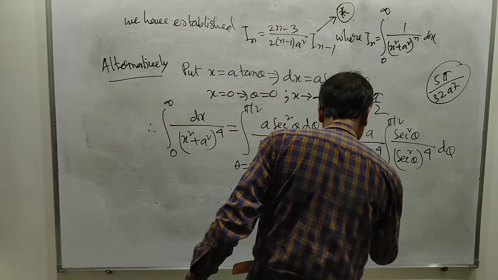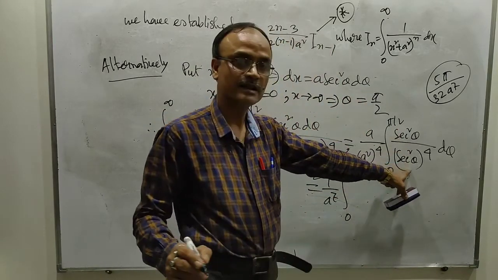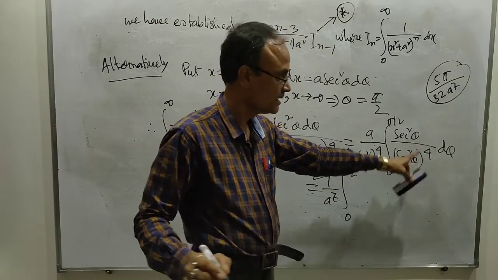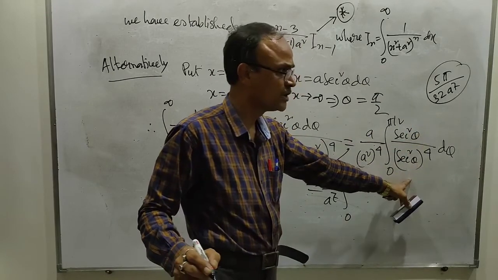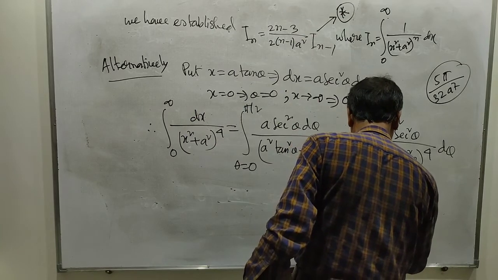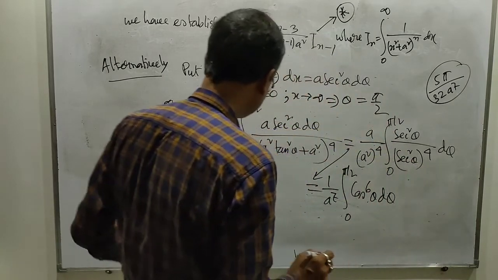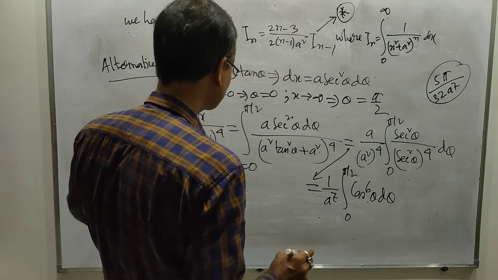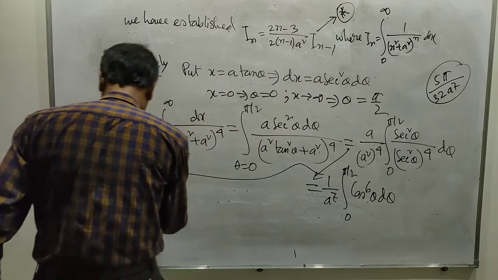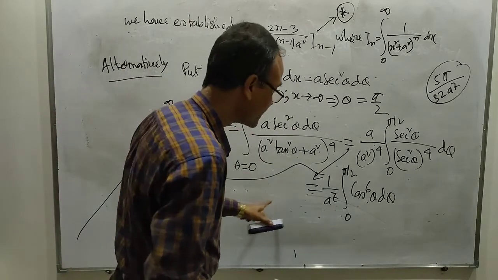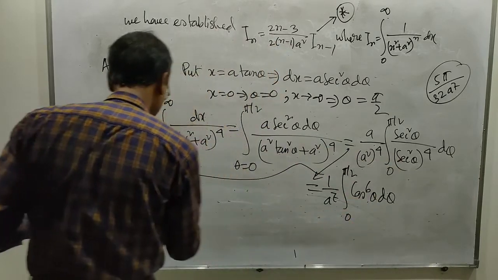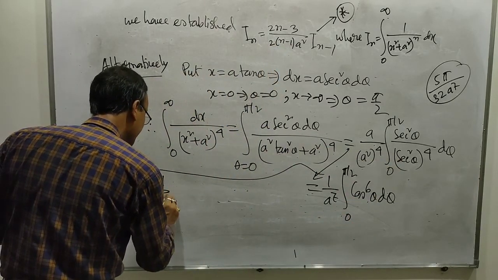Integration 0 to pi by 2, sec square theta and in the denominator sec to the power 8 theta, which will be equal to 1 by sec to the power 6 theta, means cos to the power 6 theta. You will get cos to the power 6 theta. I am writing the remaining part here: 1 by a to the power 7 cos to the power 6 theta. It can be written directly.